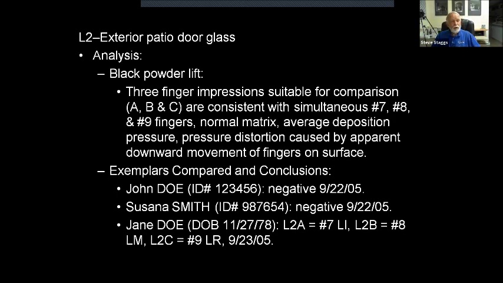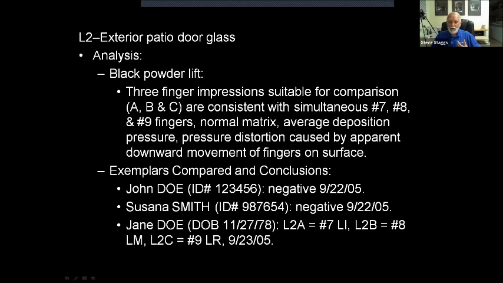And then here's, because we're talking about the evaluation, who did you compare with? Exemplars compared and conclusions. Well, I had 3 individuals to compare with. Maybe this was the 3 highest candidates. John Doe, ID number so-and-so, negative, and the date that I came up with that. Then Susanna Smith, her ID number, that was also negative.